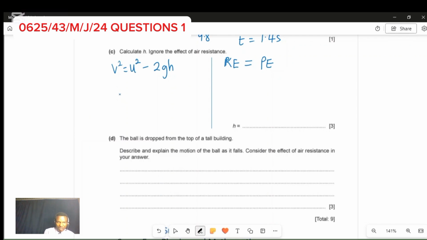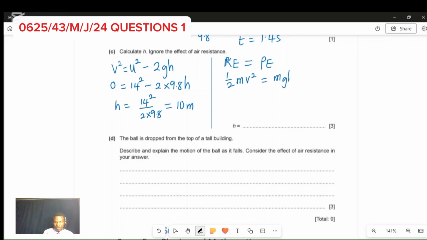At maximum height, the final velocity is 0, so this becomes 0 equals 14 square minus 2 times 9.8 h. So h is equal to 14 square divided by 2 times 9.8. This will give us 10 meter. Or we can use half mv square is equal to mgh.